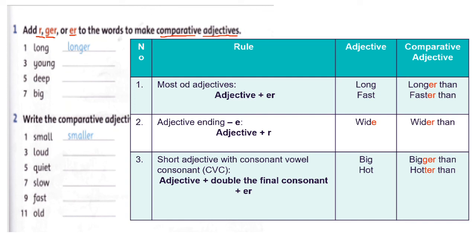So loud. Okay, for example, long. According to this rule, we just add er, so it becomes longer. How about young? Does it end with e for rule number 2? No. Does it consist of consonant, vowel, consonant like number 3?